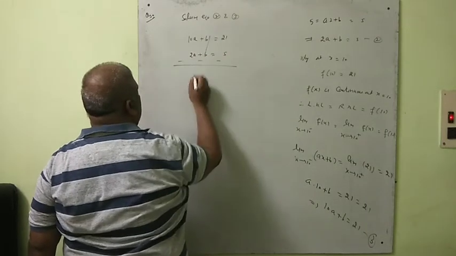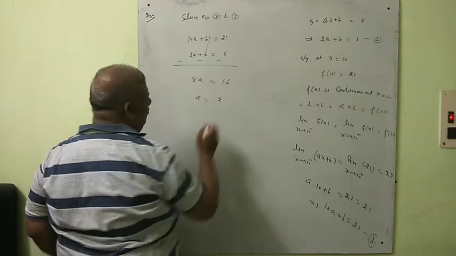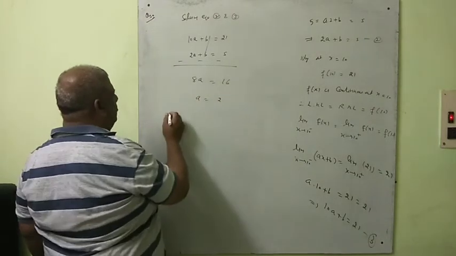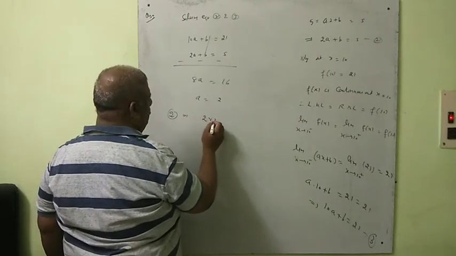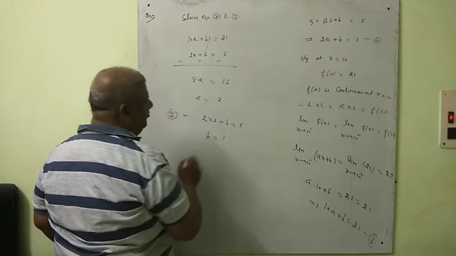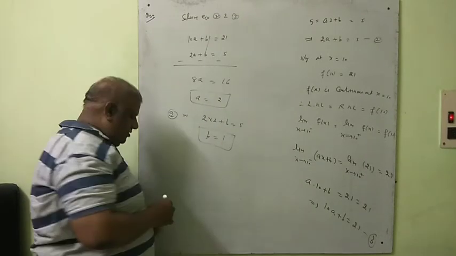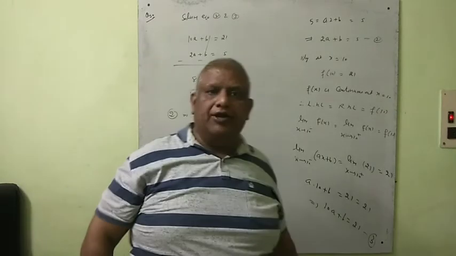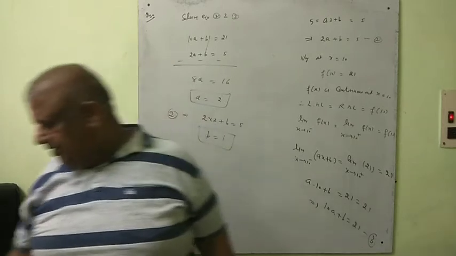Subtracting, b cancels. 8a equal to 16. a equal to 2. When you put in equation number 2, 2 into 2 plus b equal to 5, and we get value of b is 1. So this is a very important question. In this way, using the continuity concept, we can find out value of a and b.